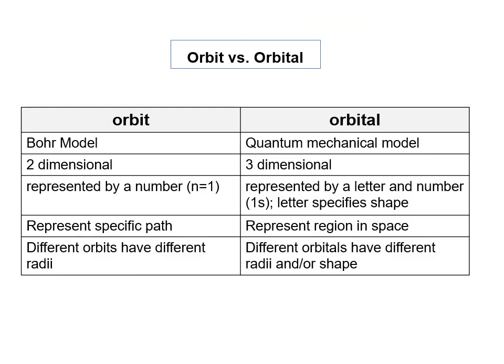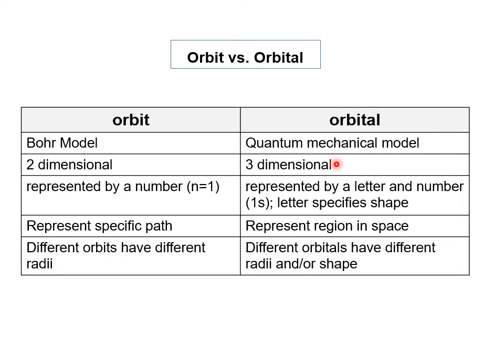All right, so let's look at the difference between the Bohr model orbit and the quantum mechanical model orbitals. The orbit, which is part of the Bohr model, is two-dimensional, whereas the quantum mechanical orbital is three-dimensional. The Bohr model was an orbit that was circular.